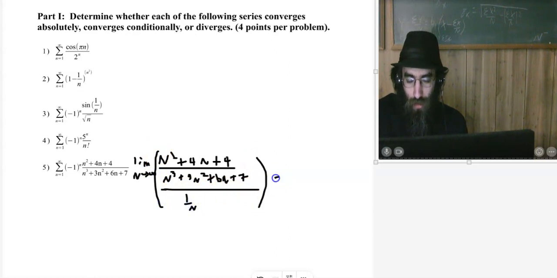Right? That's going to go to 1. So we just have to look at this 1 over n. And so that diverges, right? So it doesn't converge absolutely.